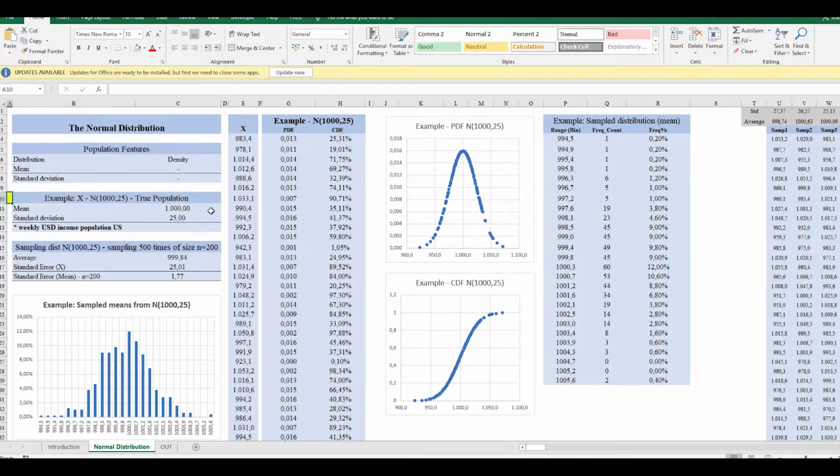Okay, let's look at a concrete example. I have a true population where it's assumed that the weekly dollar income in the US is 1000 and it has a standard deviation of $25.